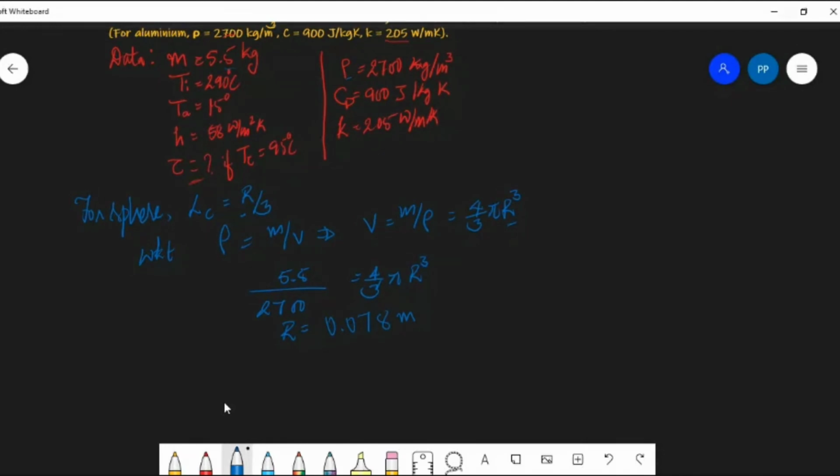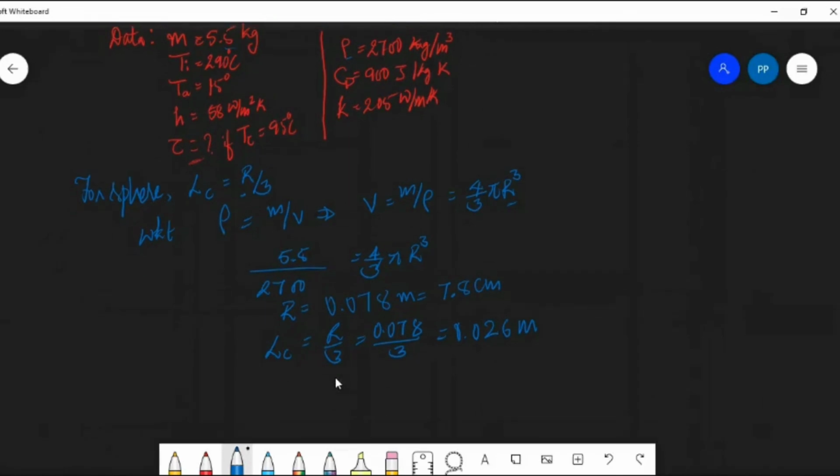So that is the radius of the sphere. Now calculate the characteristic length. Lc will be equal to R divided by 3, which is 0.078 divided by 3, which is 0.026 meters. That is the characteristic length.